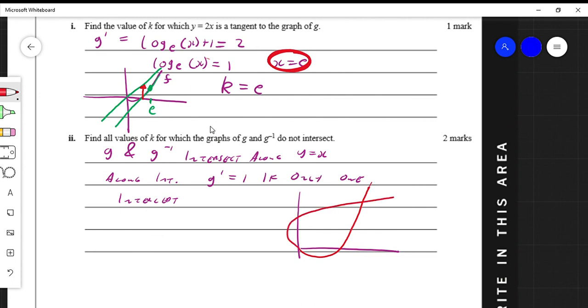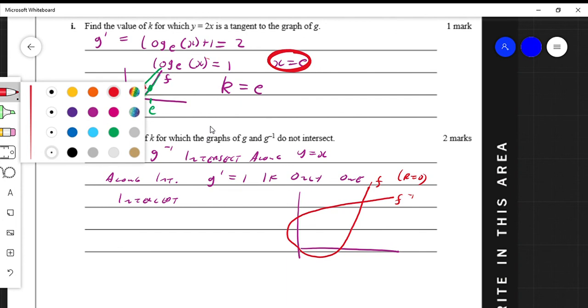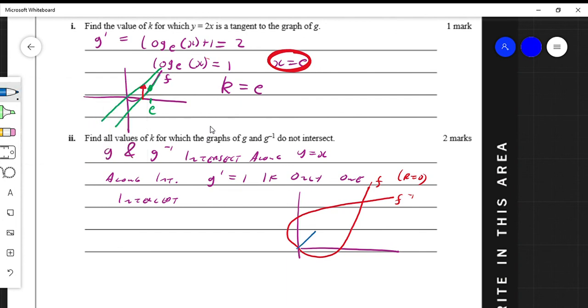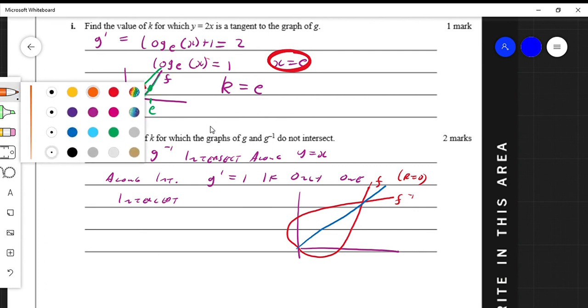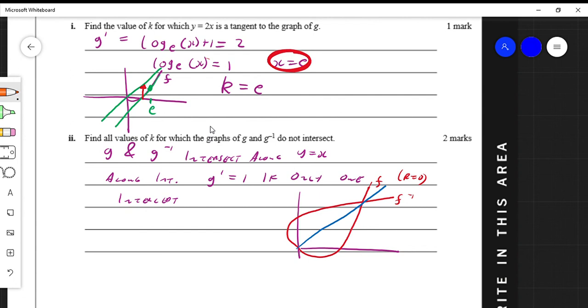Okay, so this is our standard f here, f and f inverse, or k equals 0. If we raise k to 1, so I'll draw out our y equals x line here. So if k equals 1, then we get a line like this, and then this reflected.